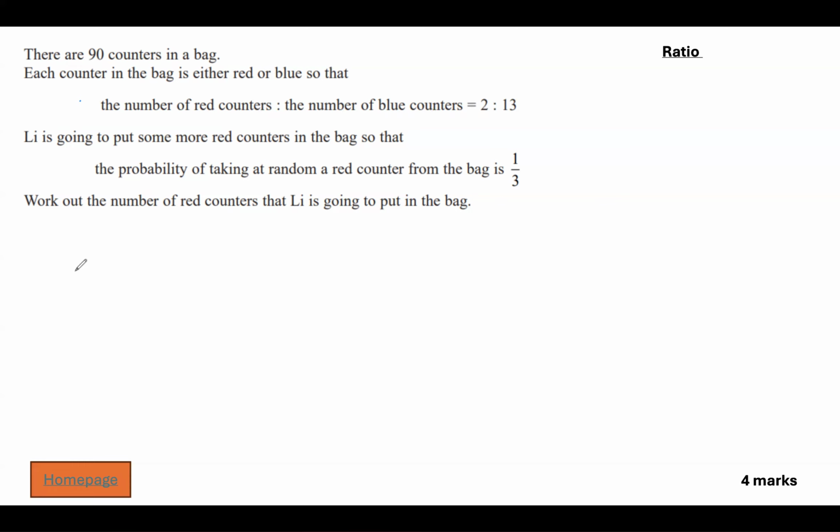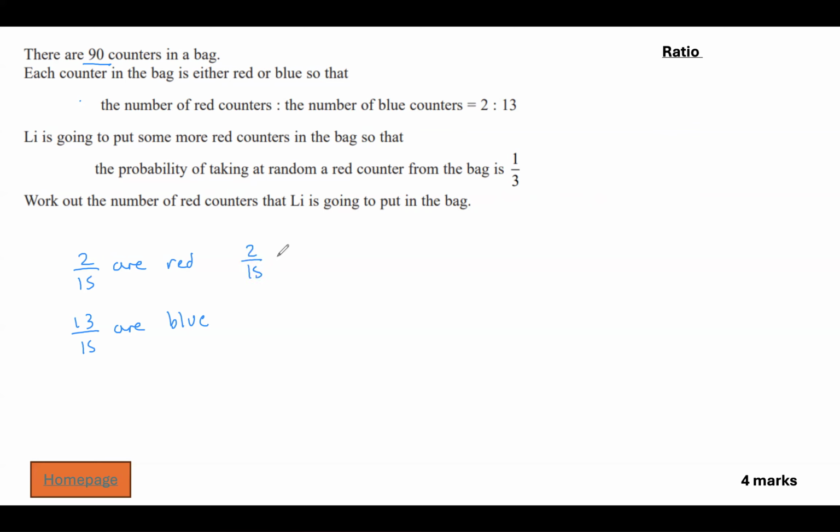So we know 2 out of 15 are red, and 13 out of 15 are blue. And the total is 90. So we can work out 2/15 of 90. So 90 divided by 15 times 2 is 12.